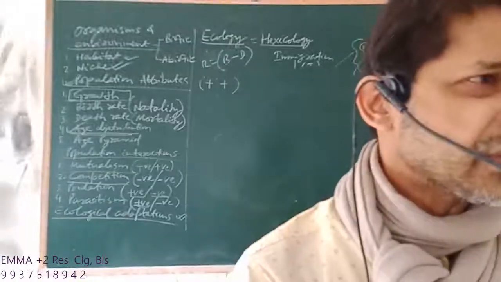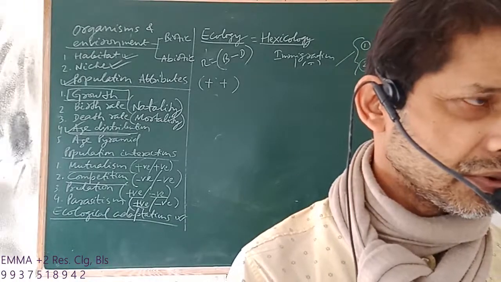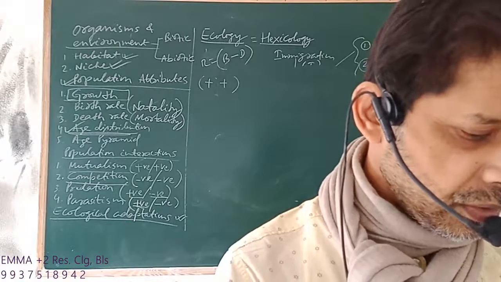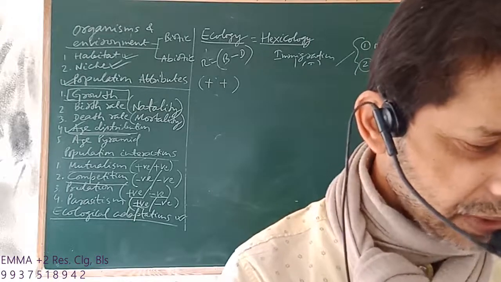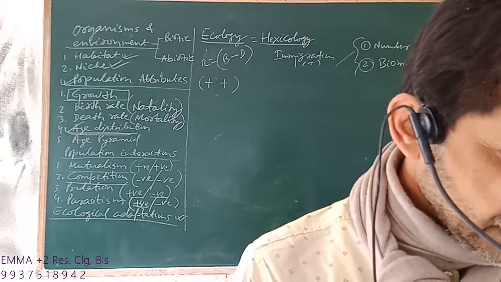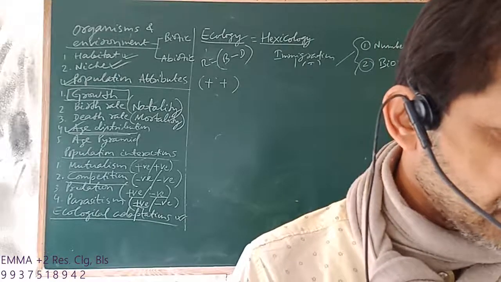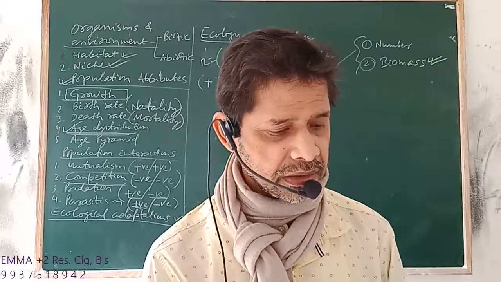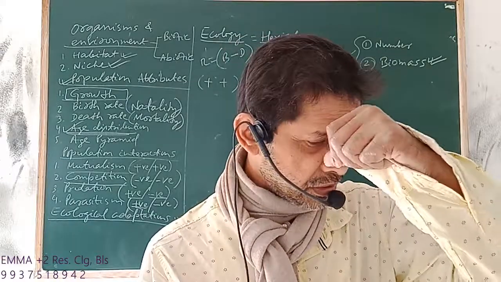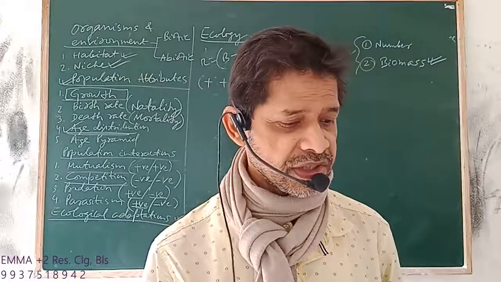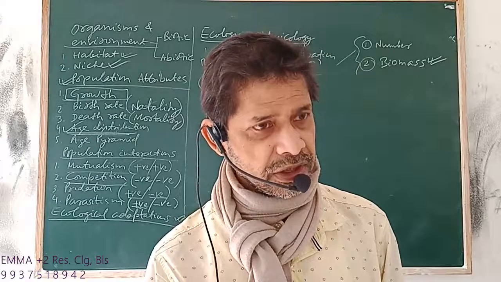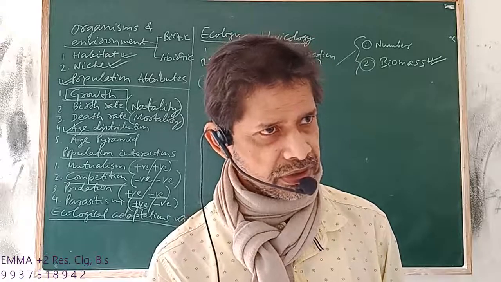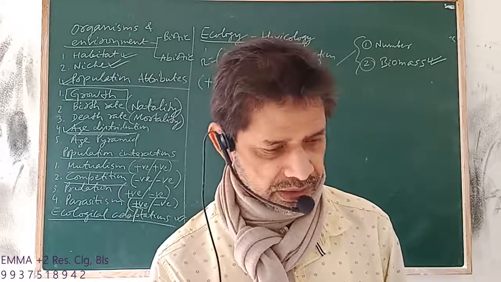Pollinator and plant interaction is also beneficial. Without one, the other cannot survive. Then mycorrhiza, a mutualistic relationship between fungus and the root of a higher plant. Then the Mediterranean orchid employs a sexual deceit mechanism. That is also one example. So this is the two-point definition and few examples you have to write in the exam.